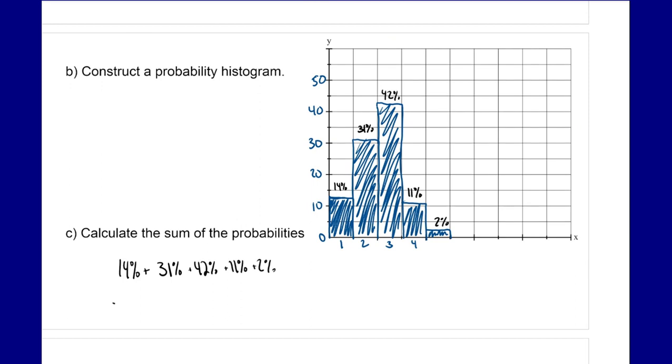When we add all these probabilities up, we get that the sum is equal to 100%, which makes sense because the probability distribution lists the probabilities for all the possible outcomes. So if these are all of our possible outcomes, it should all add up to 100% or 1 because that covers all of the cases.